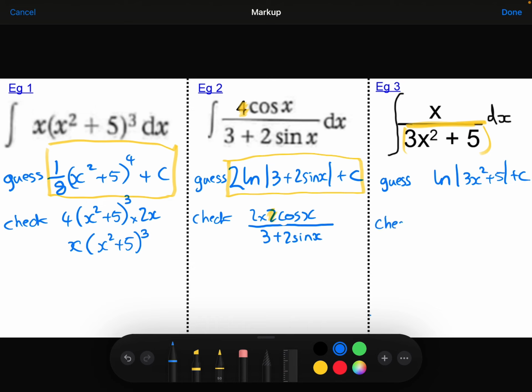Right, let's check. Does that work? So let's differentiate it. If I differentiate the logarithm, I get 1 over. Then I have to multiply that by the derivative of the inside. So differentiate 3x squared plus 5, and I get 6x.